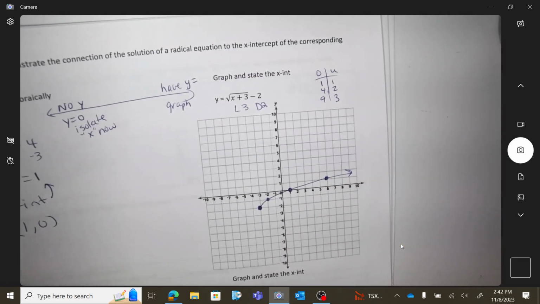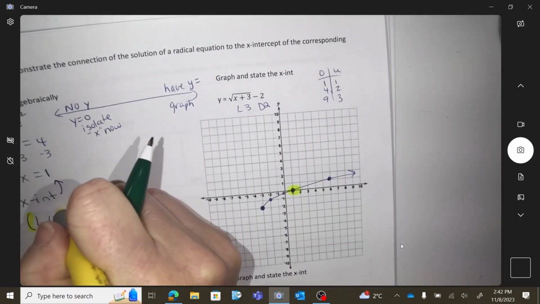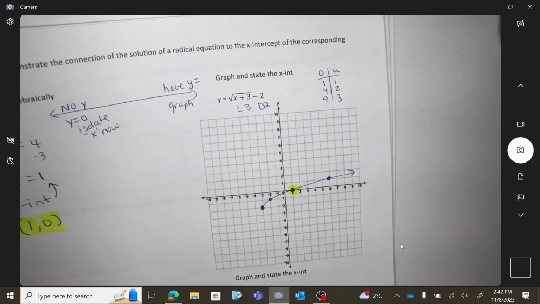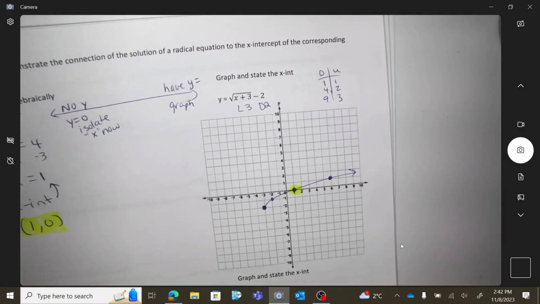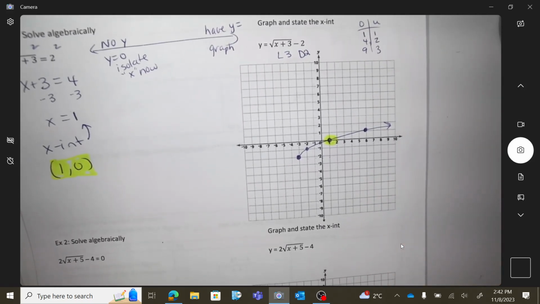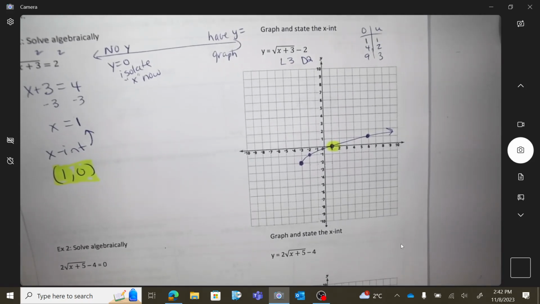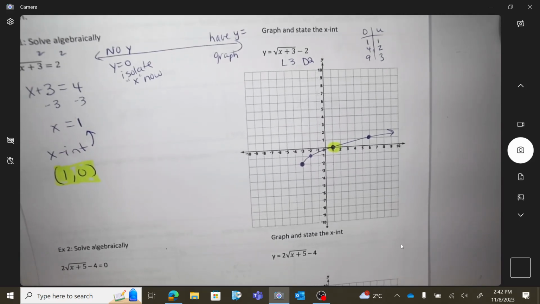And is there anything that's matching? Did it work? Did we cross, have an x-intercept at 1? Okay, on your test, by the way, if they don't match, you did something wrong. Okay, they should match, right?